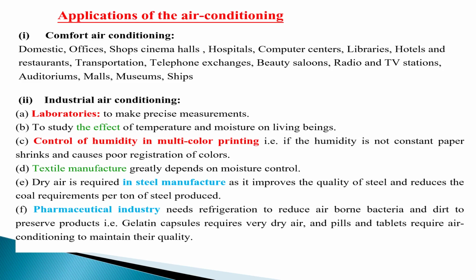Then to study the effect of temperature and moisture on living beings for study purpose, control of humidity in multicolor printing. If the humidity is not constant, paper shrinks and causes poor registration of colors while printing. Then textile manufacturing greatly depends on the moisture control.